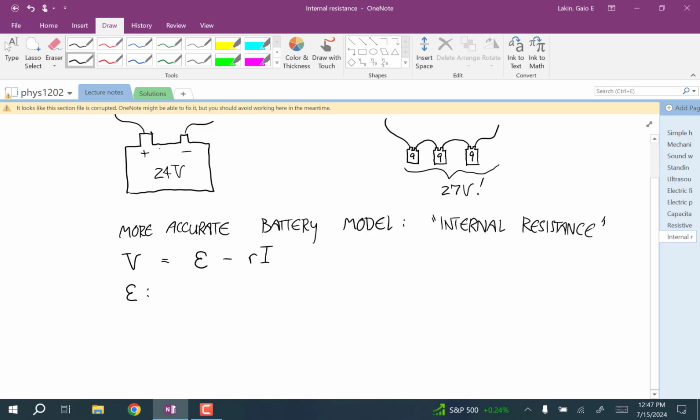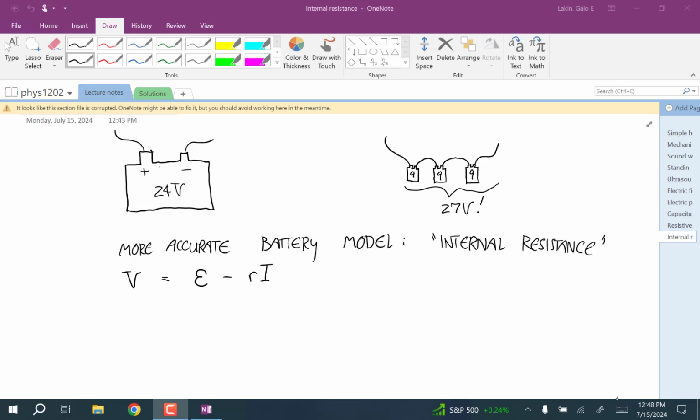This epsilon is the electromotive force, EMF people call it. And that is the voltage at 0 current.